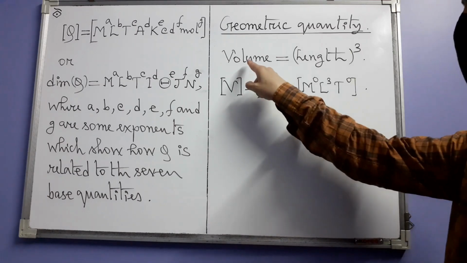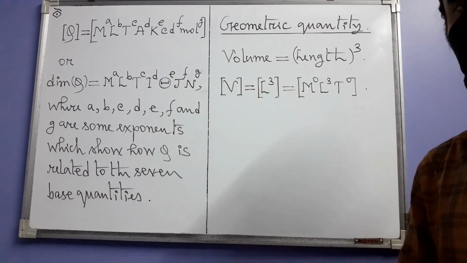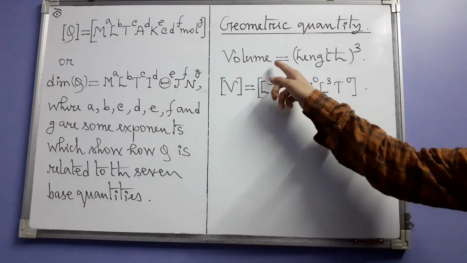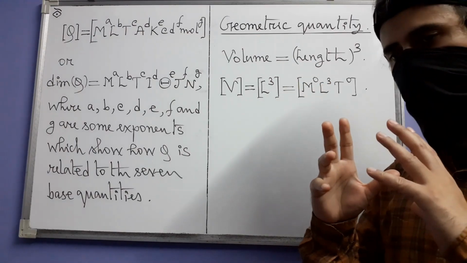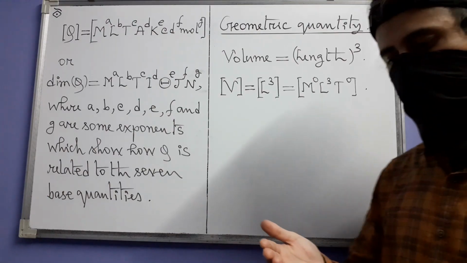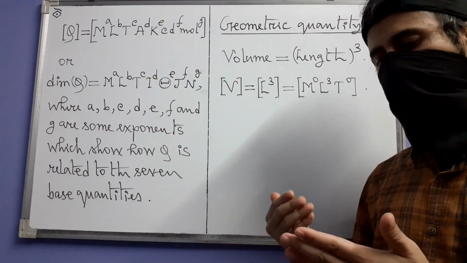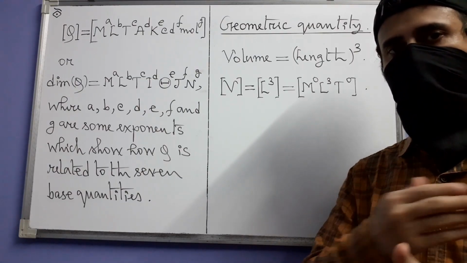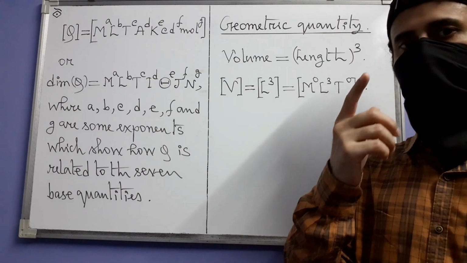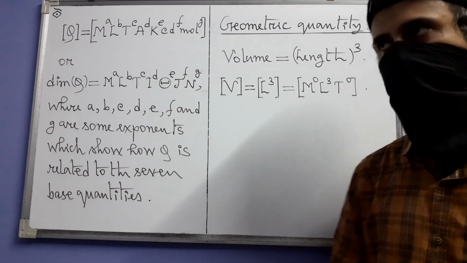For example, volume is a physical quantity which is a geometric quantity, because a volume, no matter what type of volume you are considering, for example, you may consider the volume of a parallelepiped, then you have to multiply length, breadth and height, but all these three are ultimately just lengths.